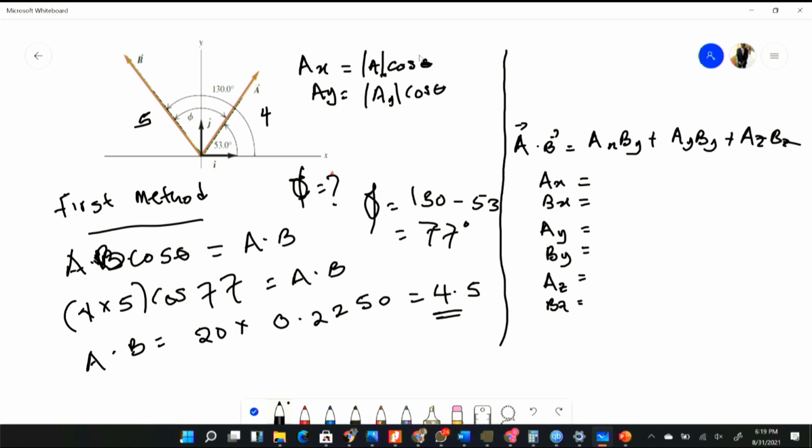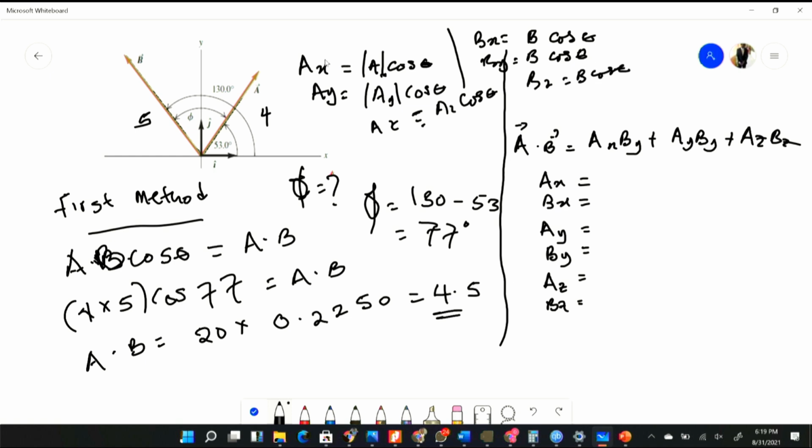And we can use the same for my BX, which is going to be B cos theta, and BY, and also my AZ is A cos theta, and my BZ is going to be B cos theta, and so on.